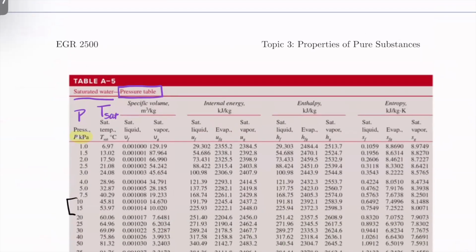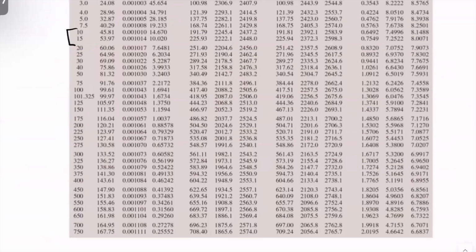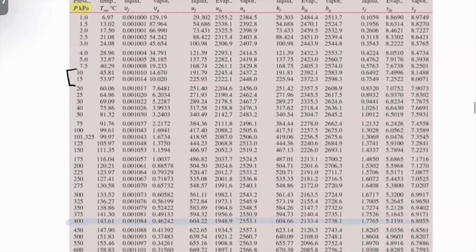First, make sure the units are in kPa, which they are, so we can look for 400 in here. So our entry is right here. All right, so for our saturation temperature, we just consult the column called TSAT, and we get 143.61 degrees C, right?